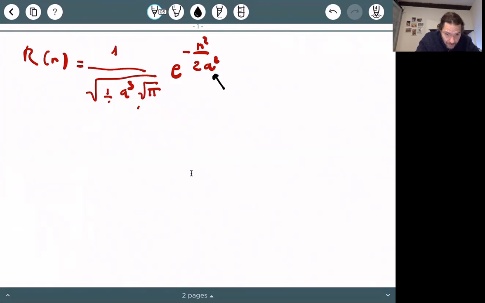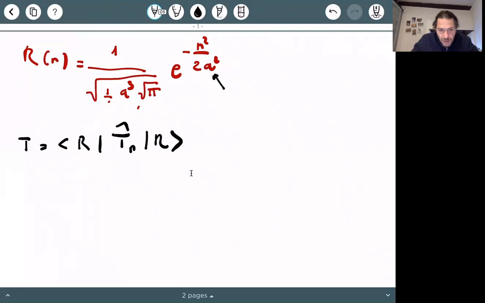Now, if you look at the radial part of the kinetic energy, and you do the calculations, and you find the calculation explicitly in the notes, you discover that this would be 3/(4a²). In appropriate units, I'm not using ħ, I'm just working in units where ħ is identity and the mass is 1, the atomic units.